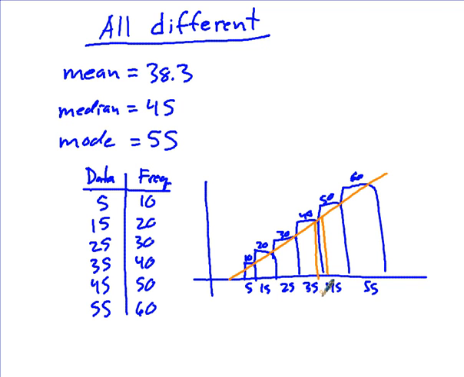That's your 38.3. Now this is just one example in which they're all different. If the mode, instead of being 55, was 20, well, that's going to be something really different. And there are an infinite number of possibilities.